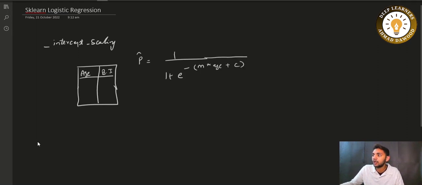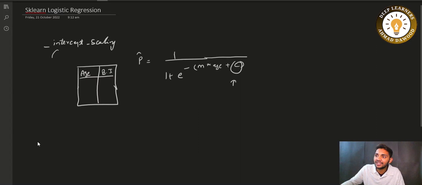Okay, now you want to scale that intercept. Let's say you want to make this c a higher value, larger as compared to the natural value of c.